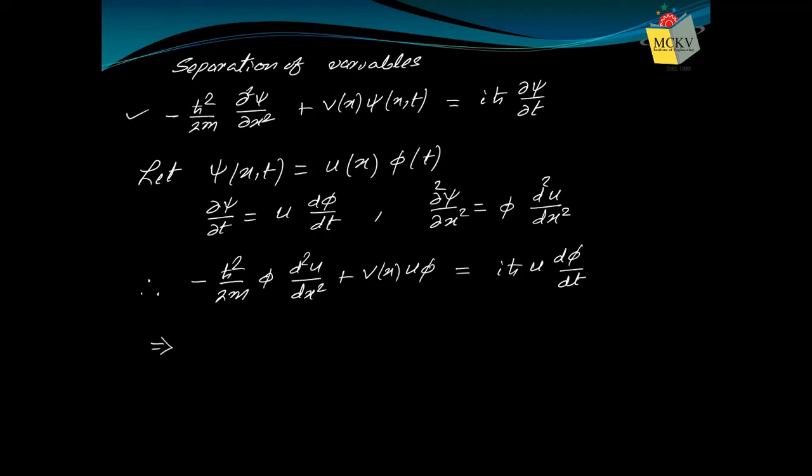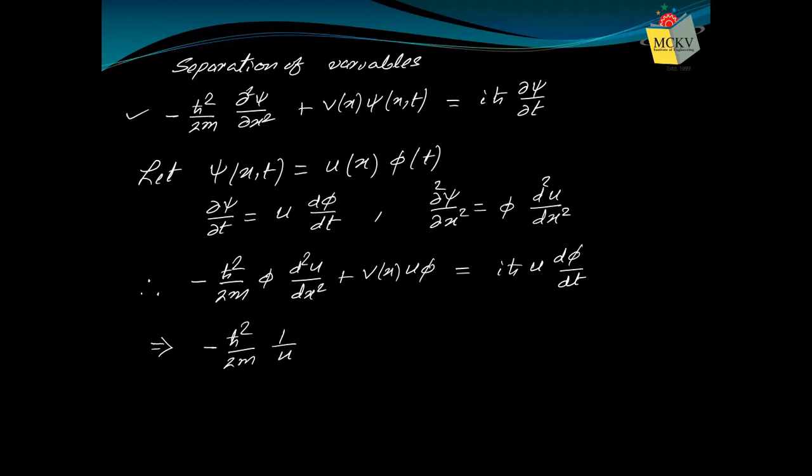Divide left hand side and right hand side by psi. That means u phi. Divide left hand side and right hand side by u phi. So what will be our expression now? Minus h cut square by 2m. If I divide left hand side by u phi, phi cancels out. What remains?